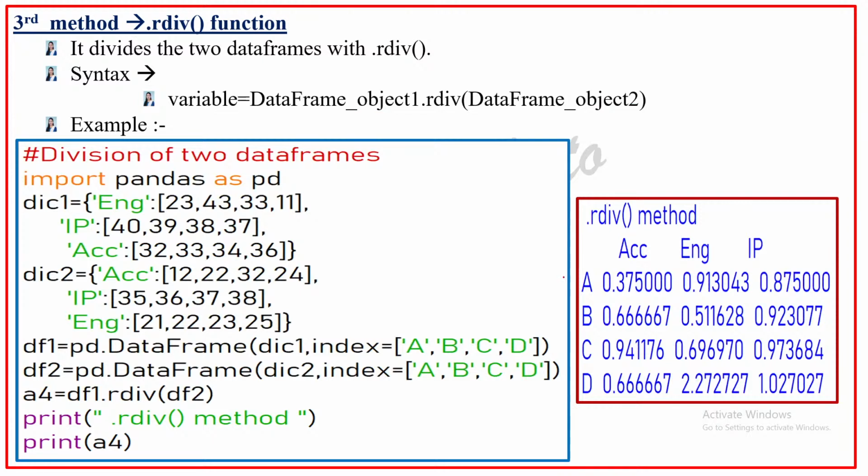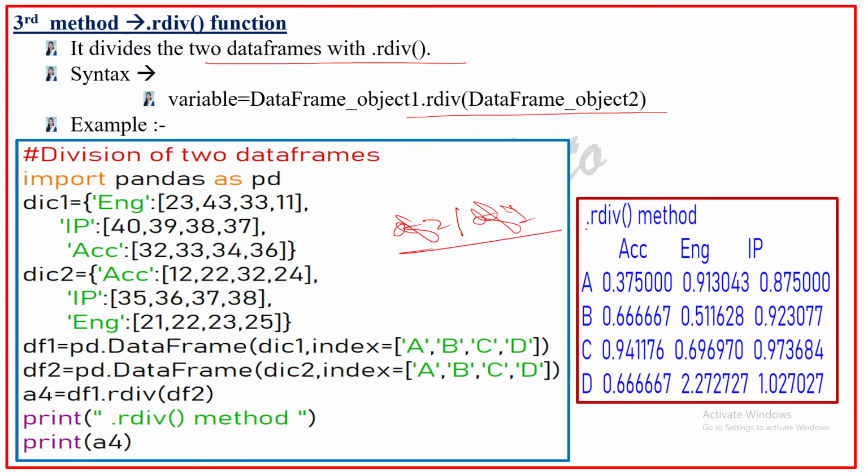Now rdiv, the third method. It divides the two data frames with dot r div. So data frame object 1 dot r div data frame object 2. Whenever we write it, that means data frame 2 divided by data frame 1.